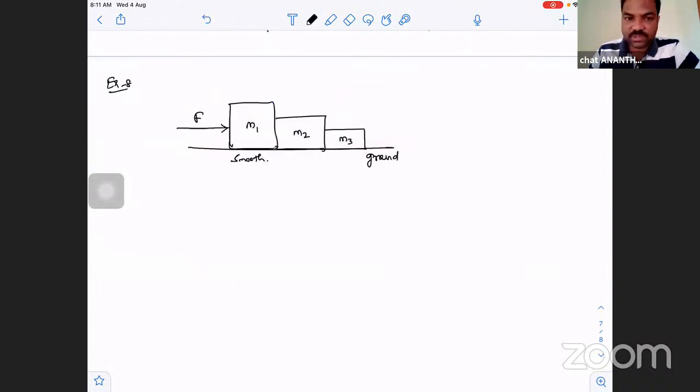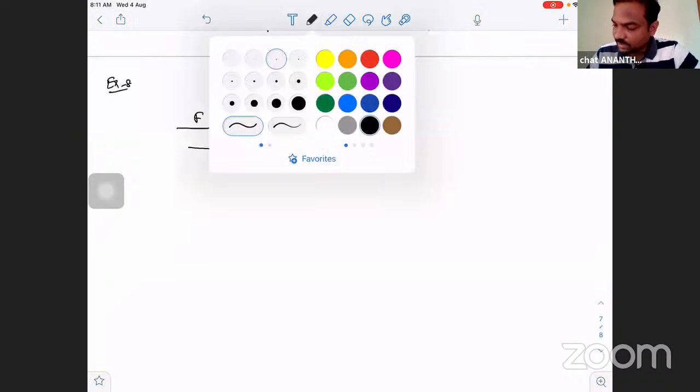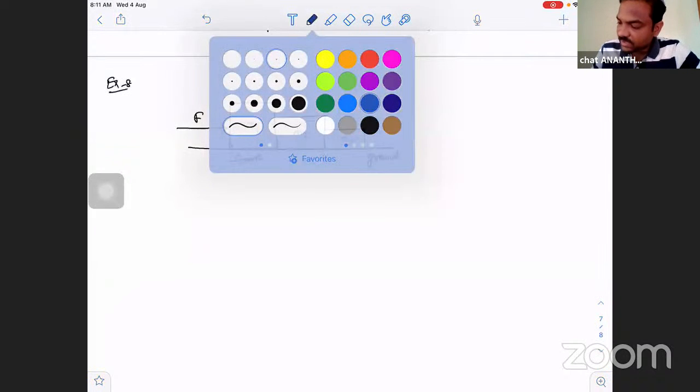Okay, we are pushing M1, then M1 will apply the force. You can go on your own. No problem.